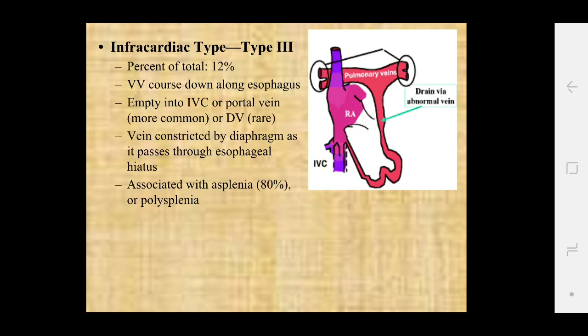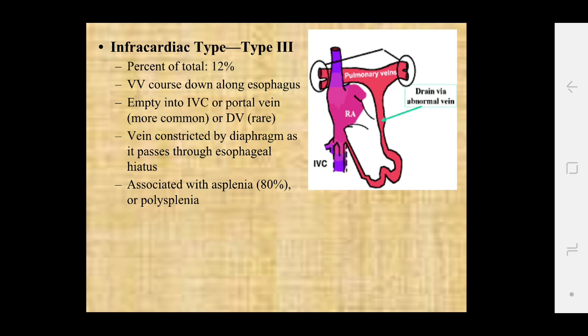The infracardiac type usually represents 12% of cases. As we saw with the supracardiac type, it is exactly the same, but the vertical vein, instead of going superiorly, here goes inferiorly. It usually has a long course and can pass through the esophageal hiatus and the diaphragm and join the inferior vena cava, sometimes the hepatic veins, sometimes the portal circulation.